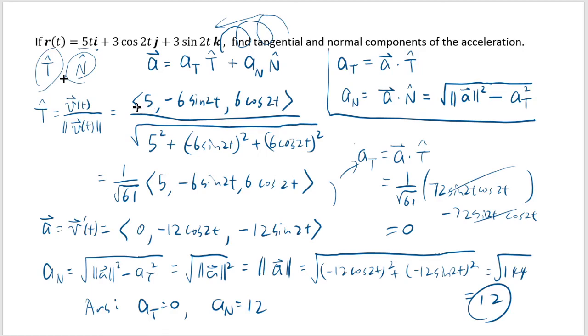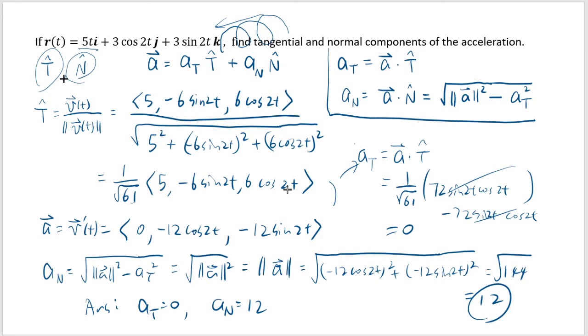We actually just figured that out: the norm of the velocity is just square root of 61. So that means it's a constant speed motion. That also means that the tangential component is 0, because if there was a non-zero tangential component of the acceleration, then this thing would slow down or speed up. That would mean the speed will change, but it's apparently not changing.